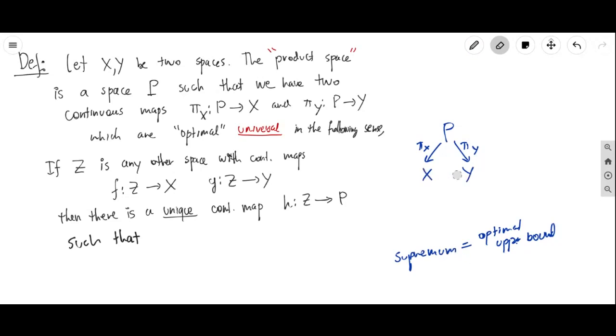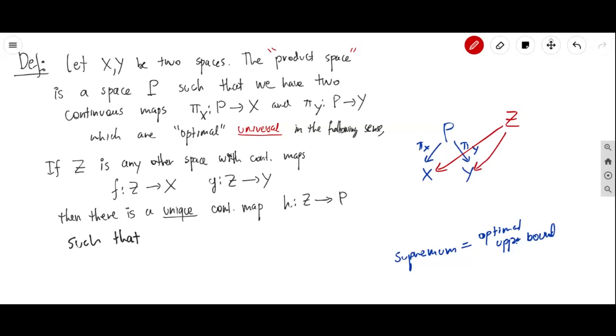So it's like you have X and Y. I'm not saying it's like an upper bound. I mean, these are not numbers, but it's just an analogy, a way to help you think. Think of P as being larger than these two numbers, if they're numbers or something. So P is larger than these two, and it's like the supremum, the least upper bound. So anything else which is bigger than these two, so what we're saying is, let's suppose there's another space, Z, that projects to these two.